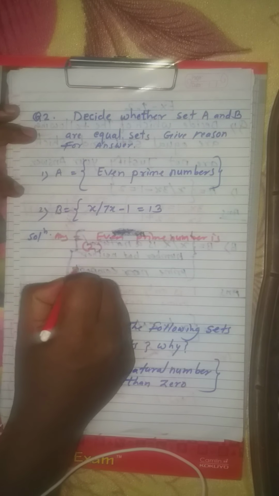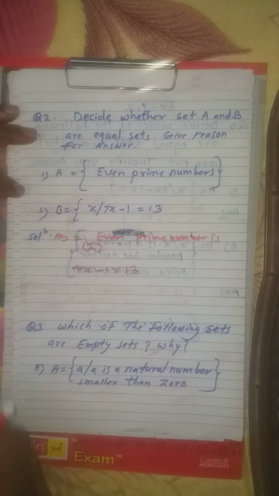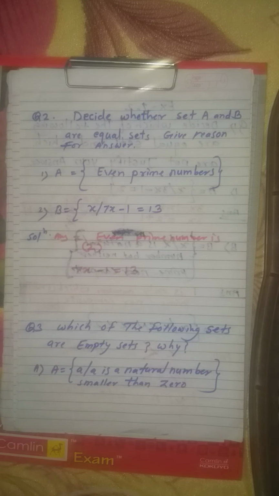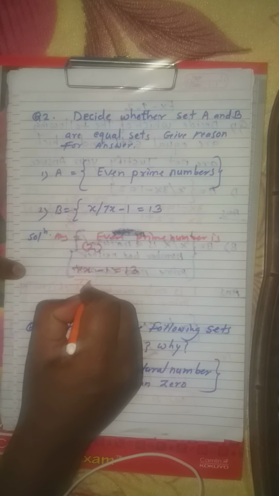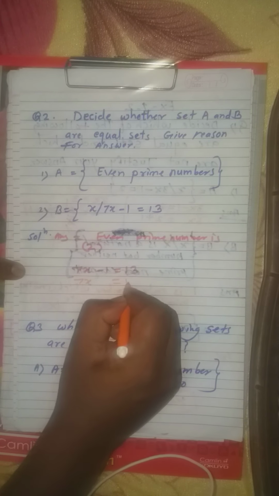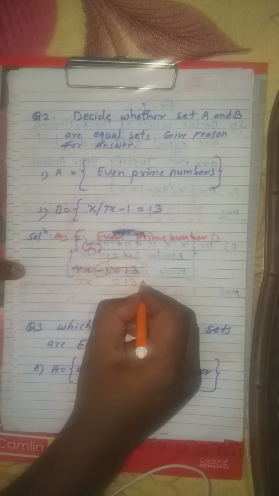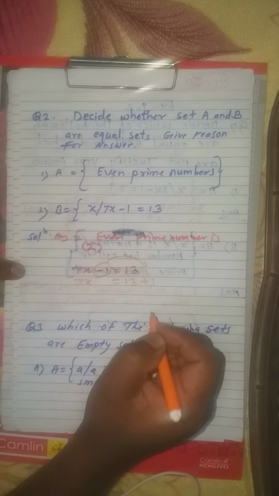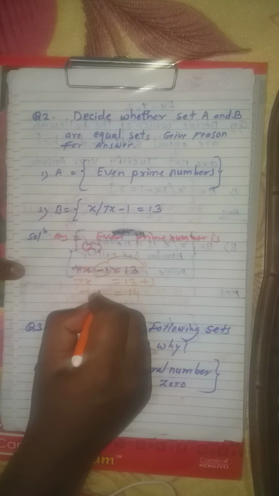Now we can find the answer of set B. We have to solve this: 7x minus 1 is equal to 13. How to solve this? Keep 7x as it is, 13 as it is, and bring this 1 to the other side of the equal sign with opposite sign. It will become plus 1. Now 13 plus 1 becomes 14. This 7x as it is.